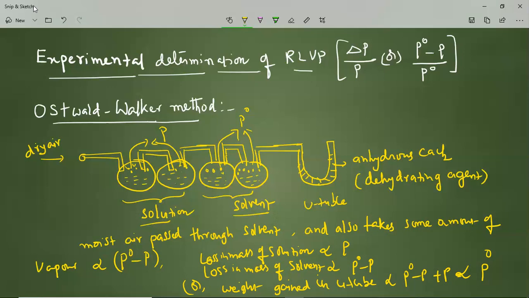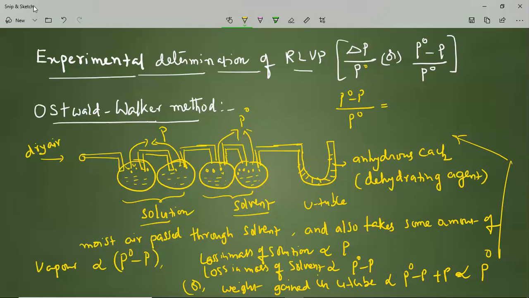So in this process, what they have noticed is the loss in weight of solvent is P naught minus P divided by P naught, that is equal to the gain in mass of solvent.